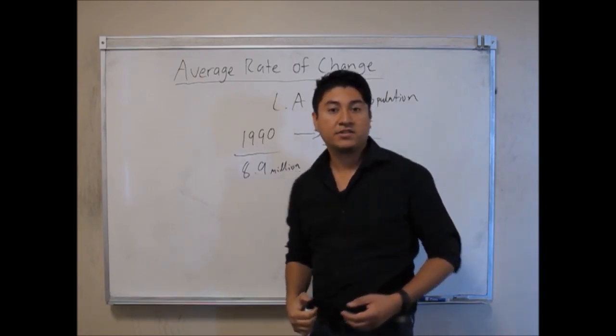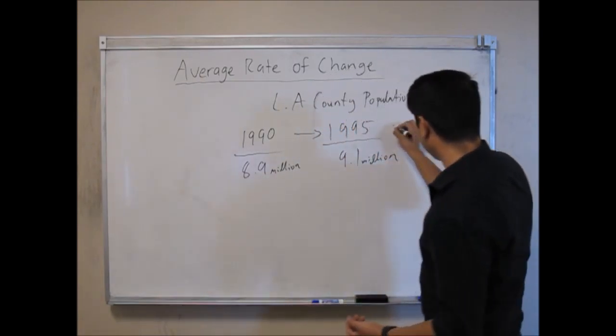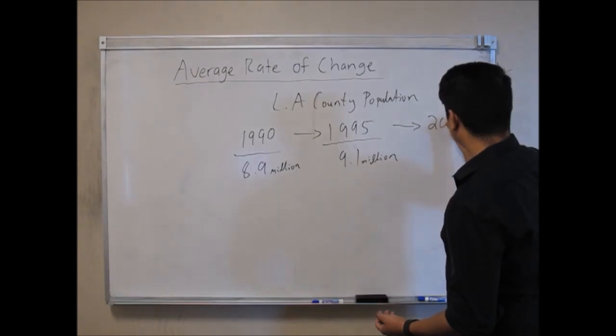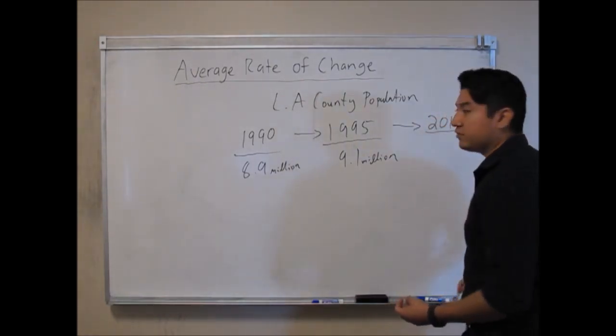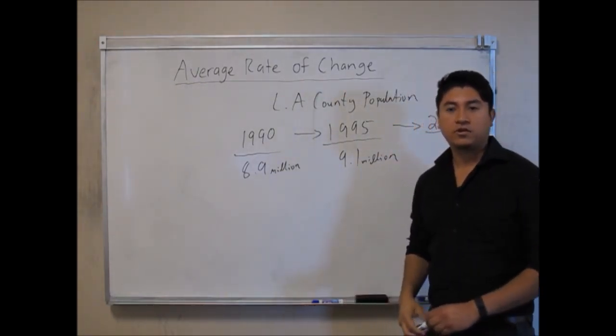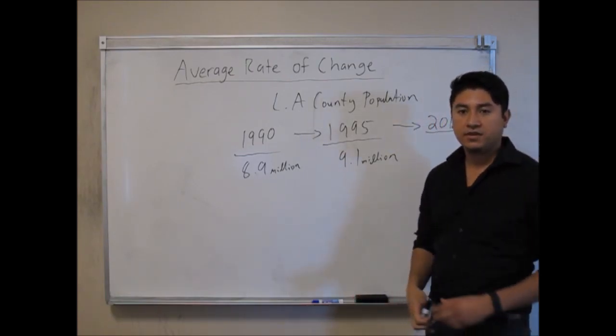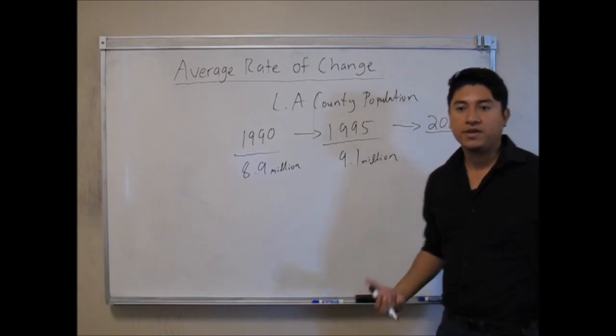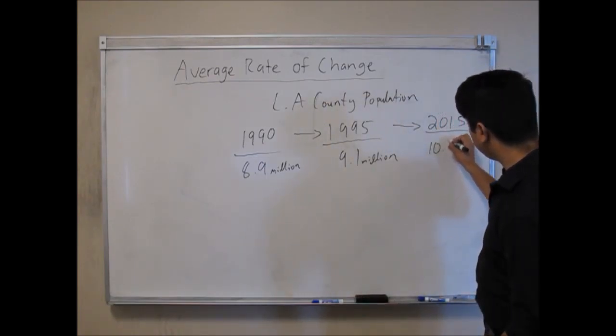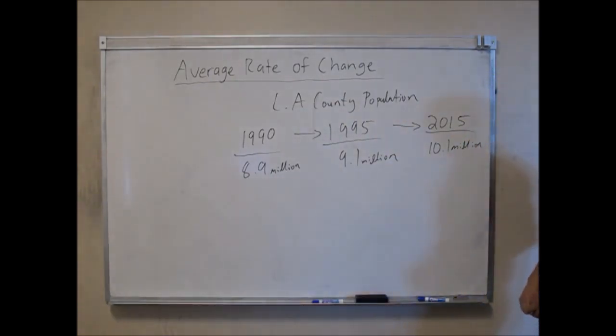And lastly, as I mentioned earlier, today in 2015, all those traffic jams and all those car accidents are caused by the huge population that we have today, which is actually at a whopping 10.1 million.